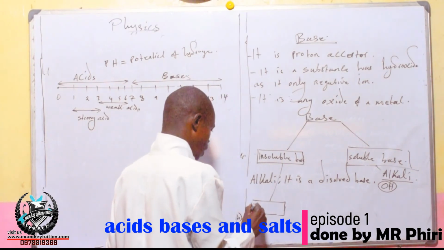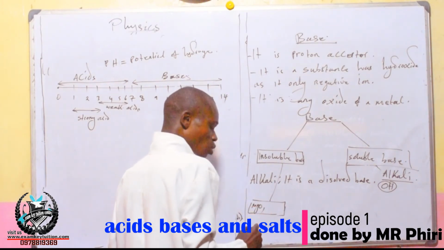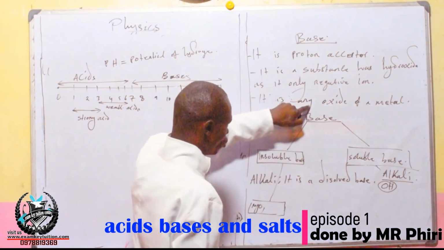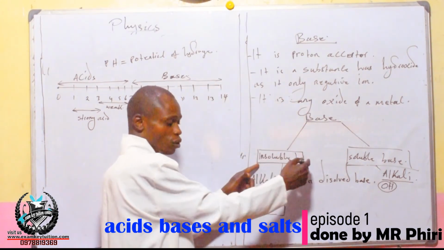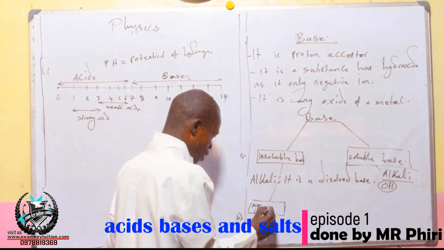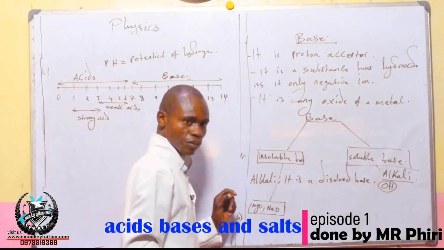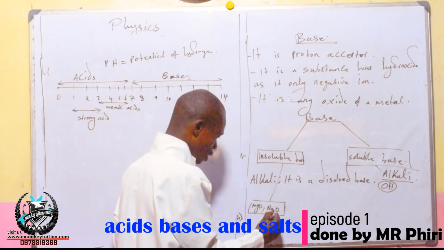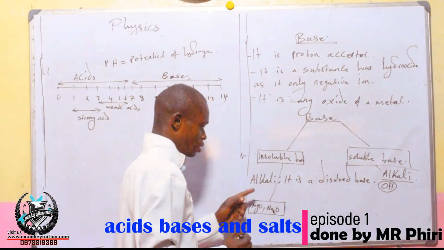Examples of this: we have magnesium oxide. All oxides of metals are solid in nature, they are insoluble. Sodium oxide is insoluble.